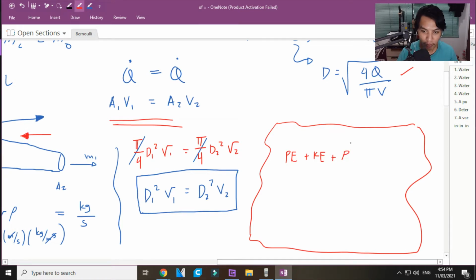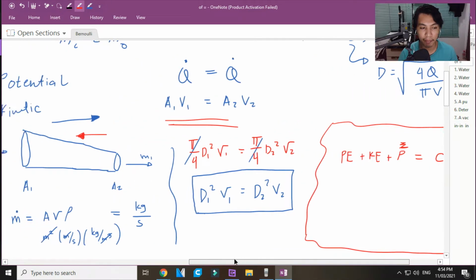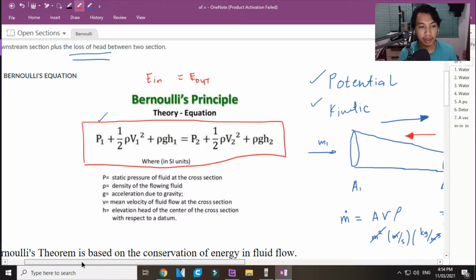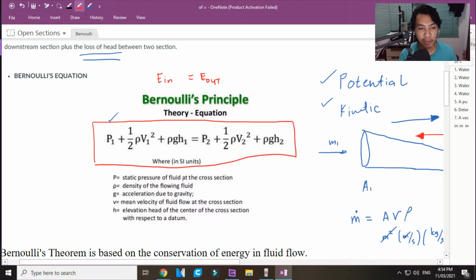That is constant. That is where it came from. Let's look: P is the static pressure of the fluid at the cross-section, meaning non-moving. Rho is density. g is the acceleration due to gravity. v is the mean velocity of fluid at a cross-section. And h is the elevation head, meaning that is potential energy.